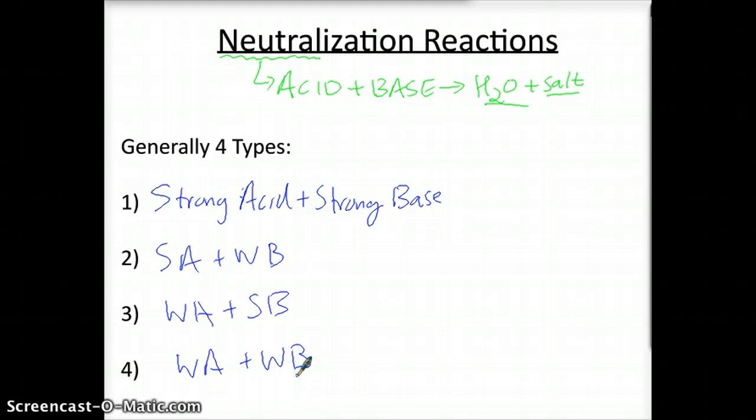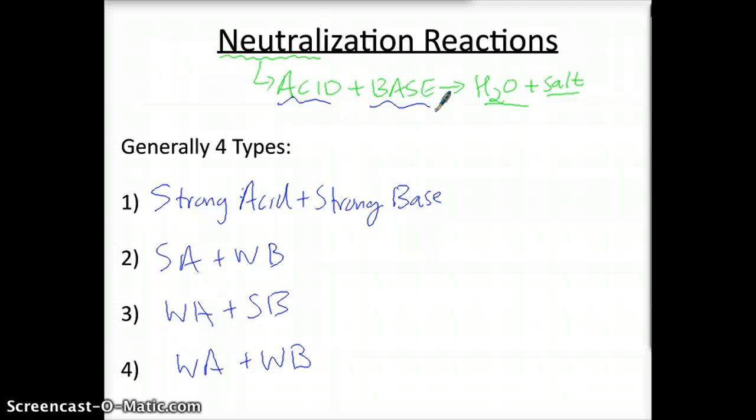Okay? In all four of these, the general concept is the same. You're mixing an acid with a base, so pH is going to change, and accordingly, equilibrium is going to be affected. However, there are some small changes that are going to happen based on the strength of the molecules that are interacting.